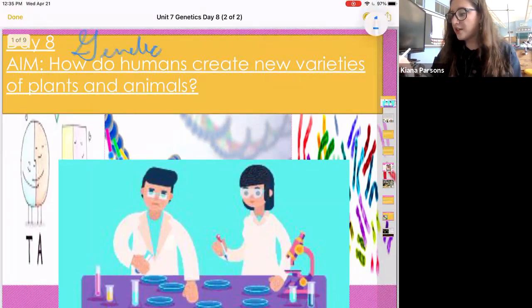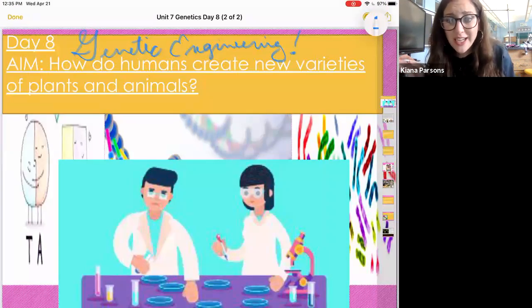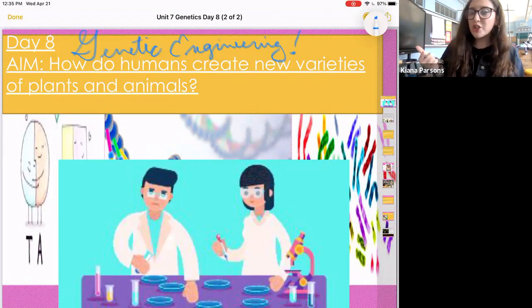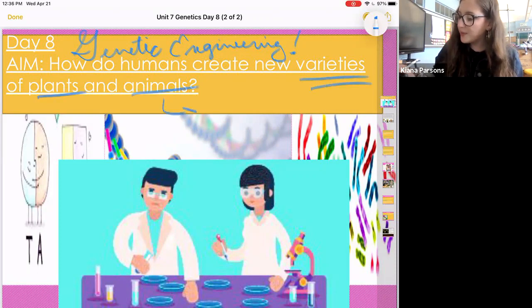And we started this unit watching the Vox Explained Designer DNA, which was all about genetic engineering with CRISPR. But we all have experience with genetic engineering through dog breeds, which are done through artificial selection, so new varieties of plants and animals.